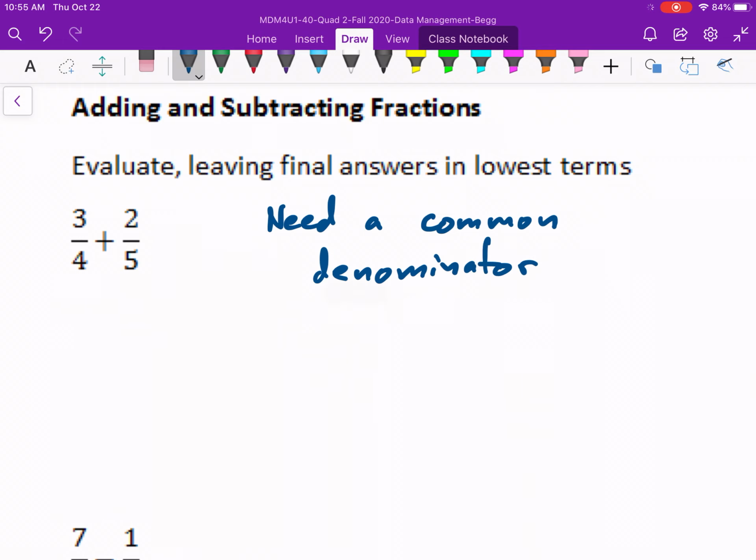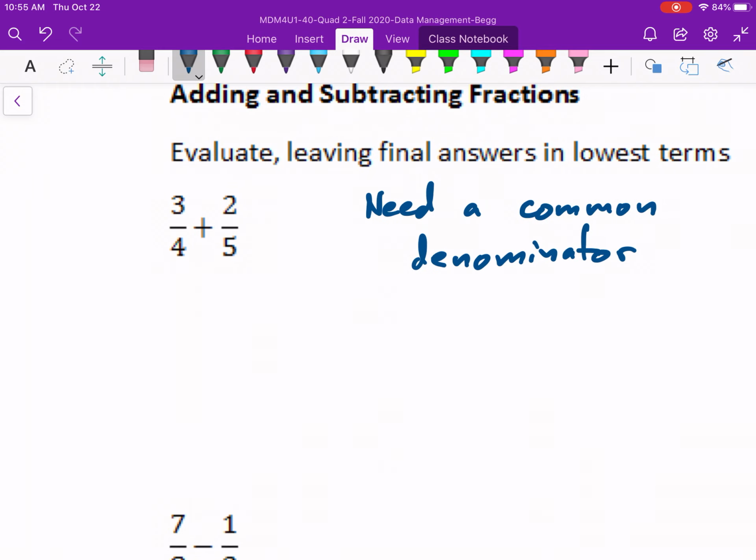So right now in this one, we don't have a common denominator, but our lowest common denominator can be found if we multiply the two denominators we have together. So say I could multiply the 4 on the bottom of the first fraction by 5, and then I'd get 20.